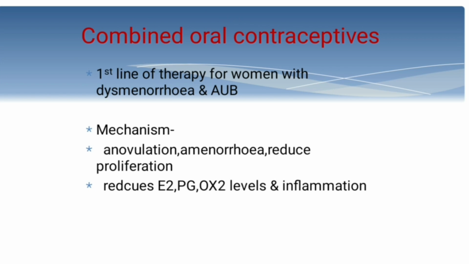It works by producing anovulation, amenorrhea, and reducing proliferation. It reduces the estrogen level, prostaglandin, and COX-2 level, has an anti-inflammatory effect, and aids in reducing pain.